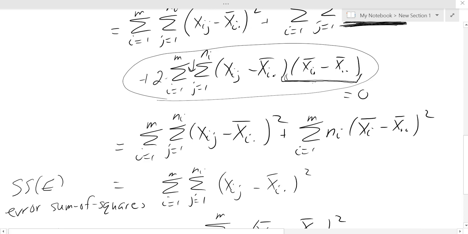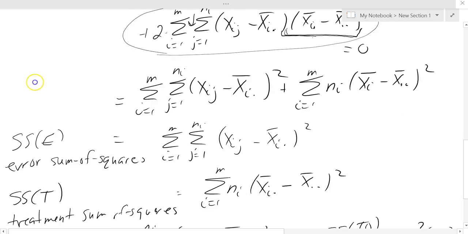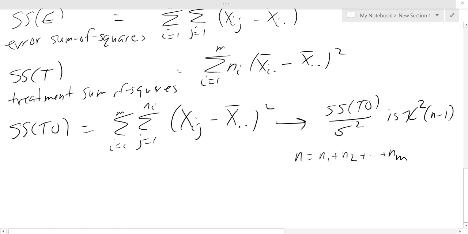So if I divide that by sigma squared, I get another chi-squared random variable. And now I'm doing a sum of chi-squared random variables that are independent. A sum of independent chi-squareds is chi-squared, and we just add up the degrees of freedom, right? So when you take your SSE and divide it by sigma squared, this is also chi-square.